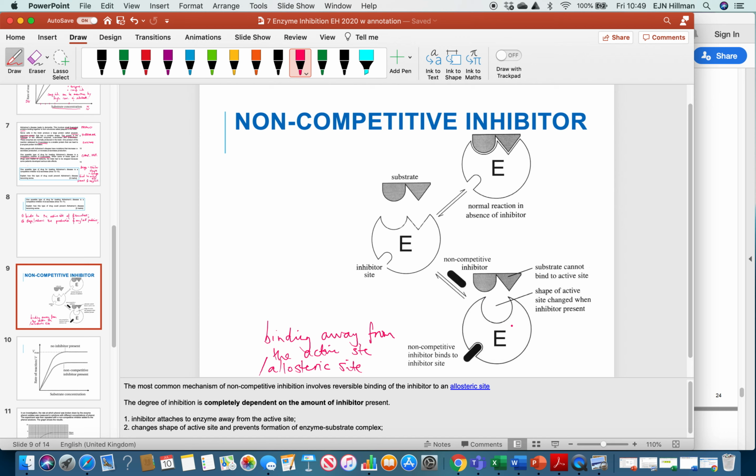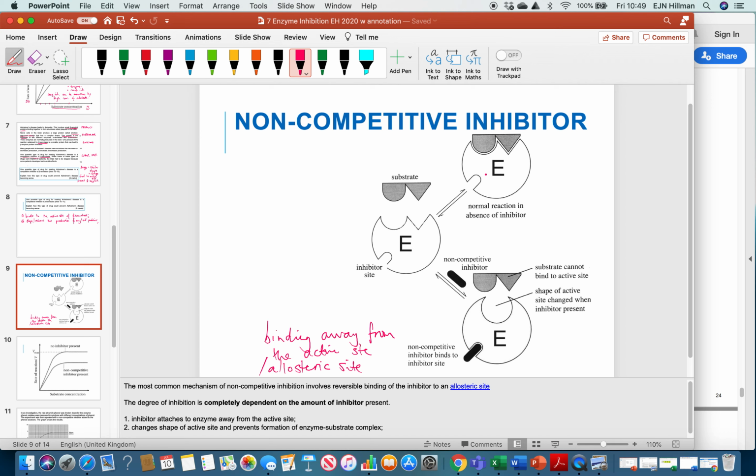So the tertiary structure of the active site is changed. That prevents the formation of an enzyme substrate complex. The active site has changed shape and is no longer complementary to the substrate. The substrate is unable to bind, so there's no enzyme substrate complex, and therefore no product.